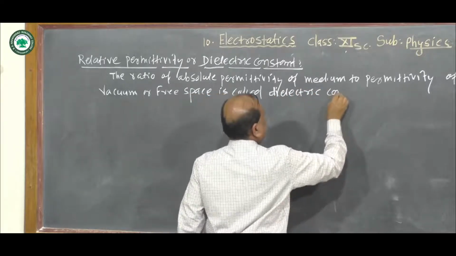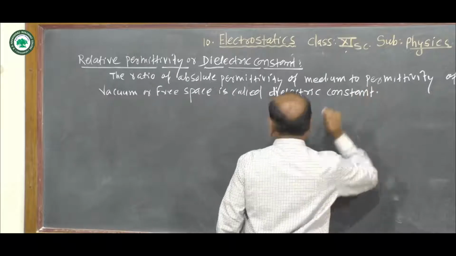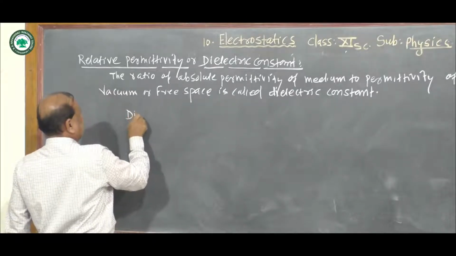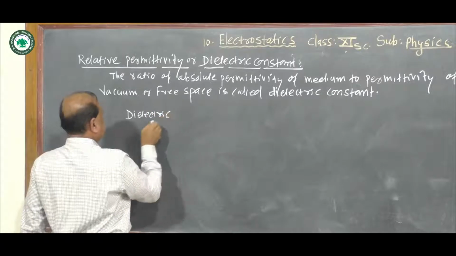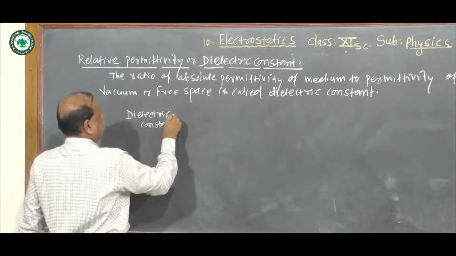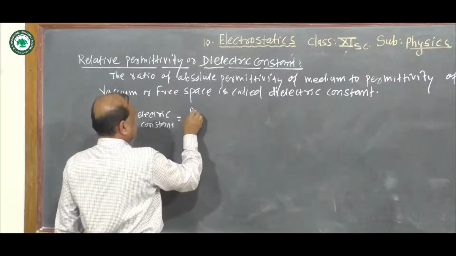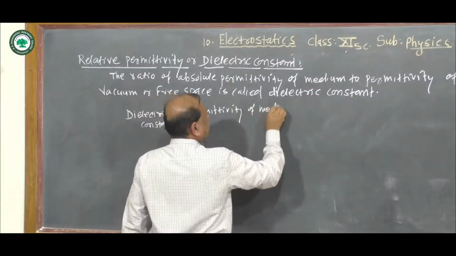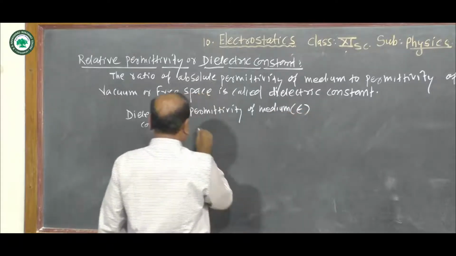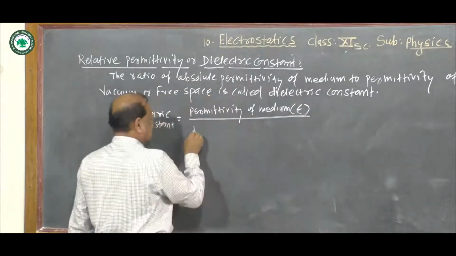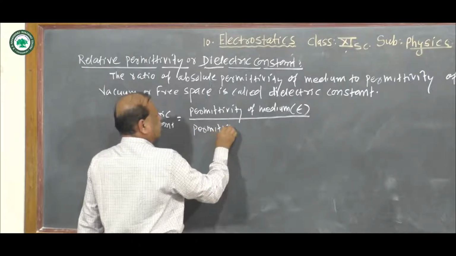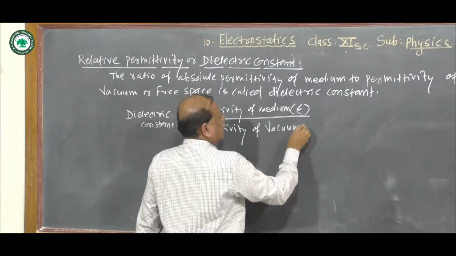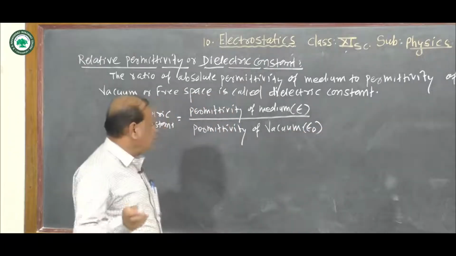That is, this dielectric constant is the ratio of the permittivity of the medium, which is denoted by epsilon, divided by the permittivity of vacuum or free space, which is denoted by epsilon 0.